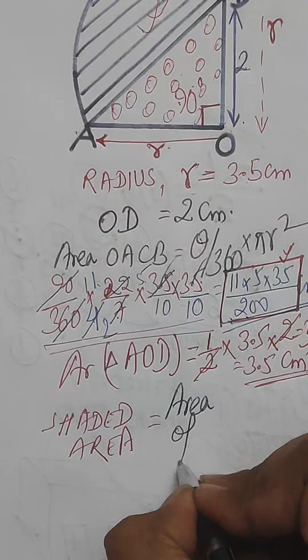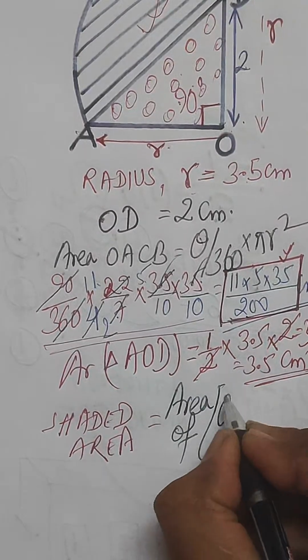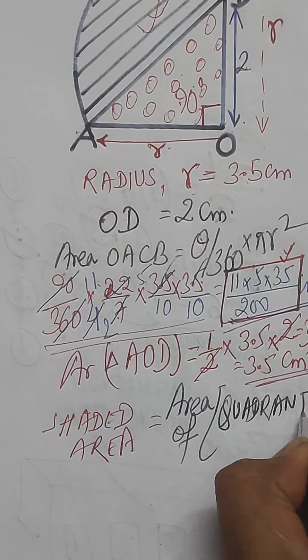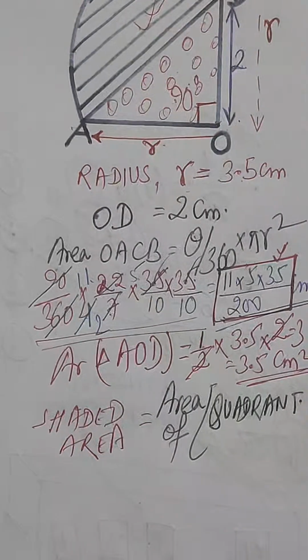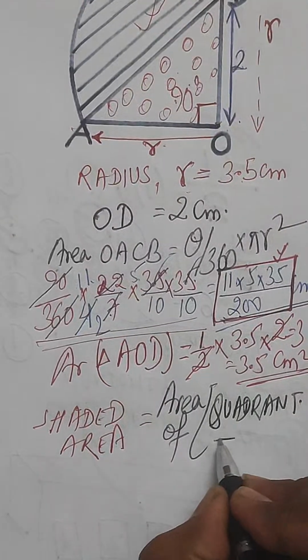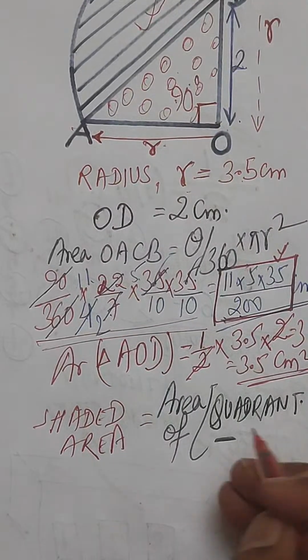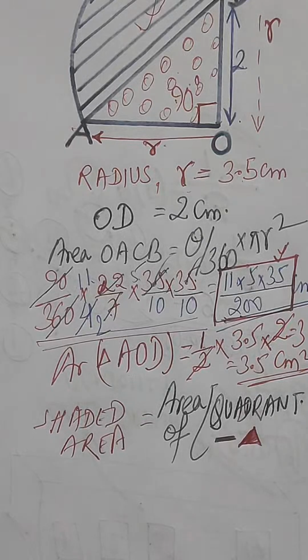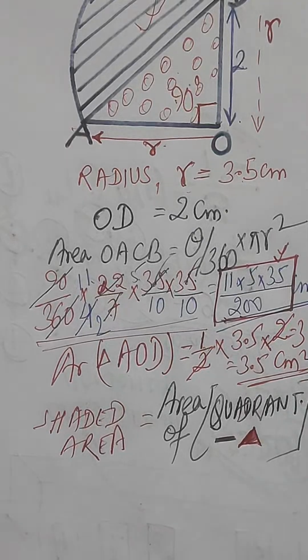Area of the quadrant, and subtract the area of the triangle. This will give you the shaded area, right?